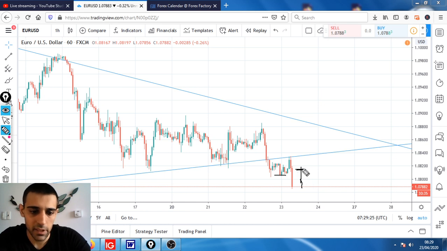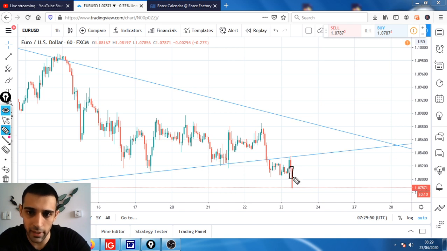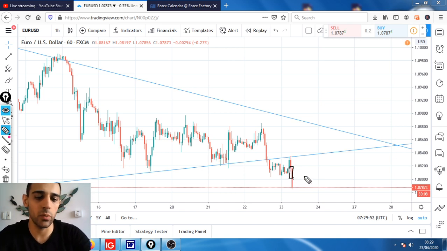Again, if it is a doji, then I won't be interested. If this hourly candle closes something like this, excuse my drawing, it looks more like an ice cream than a candle, it's still alright, as long as it's a bit more than half a full candle, then I will be happy to take a trade towards the short side.